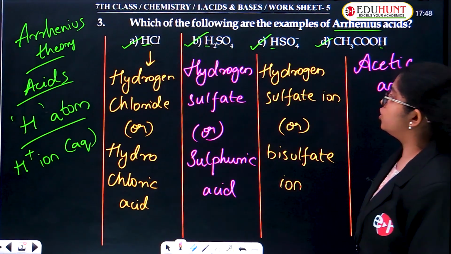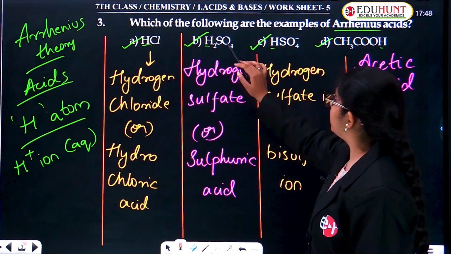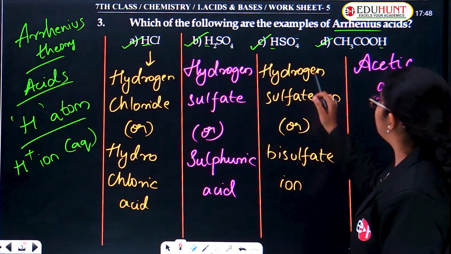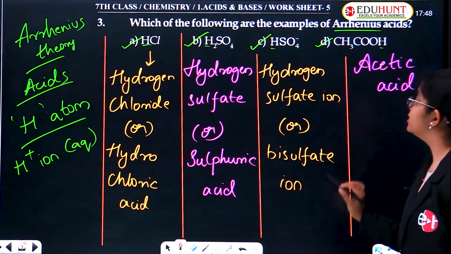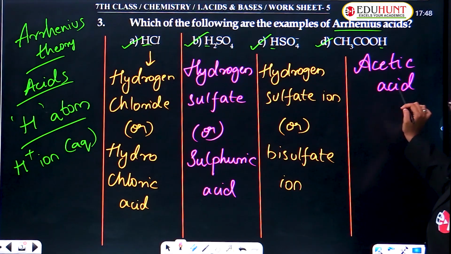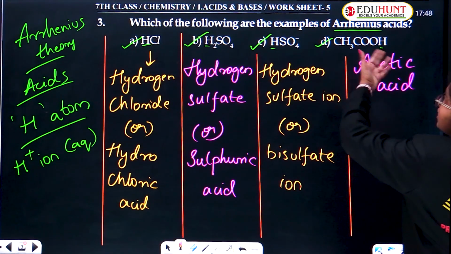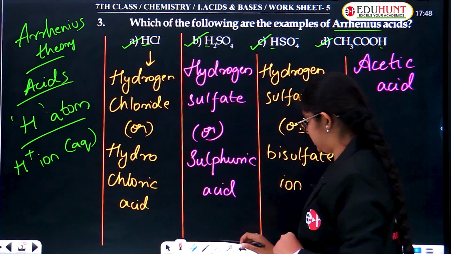So HCl, hydrogen chloride or hydrochloric acid. H2SO4, hydrogen sulfate or sulfuric acid. HSO4 minus, hydrogen sulfate ion or bisulfate ion. CH3COOH, acetic acid. So these are all acids because they have H plus ions. You know how?